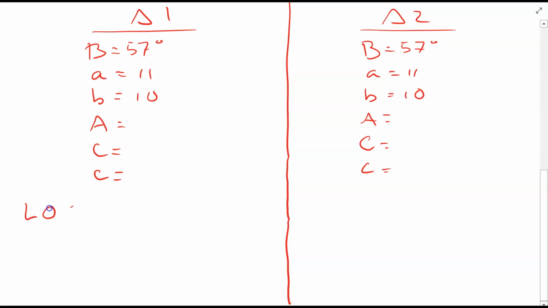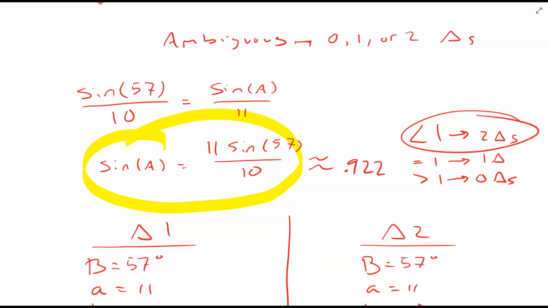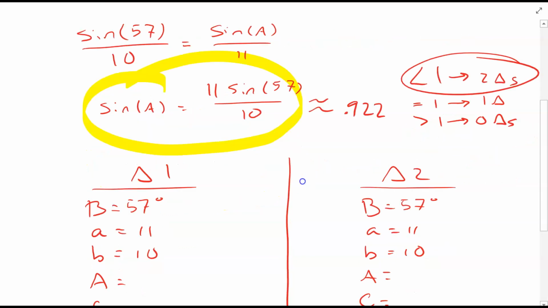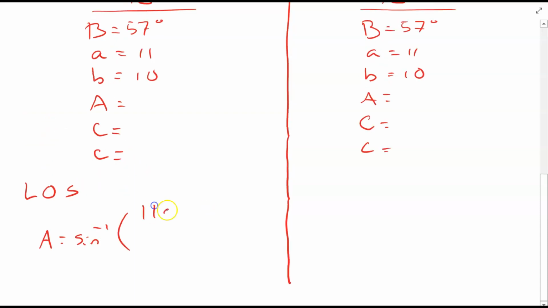So using the law of sines, as I had before, I'm basically going to be looking at this part, and I'm just going to take the sine inverse of both sides to get angle A. And I'm going to put this answer with triangle 1. It doesn't really matter which triangle you put this answer with, but for the sake of argument, I'm going to put it here.